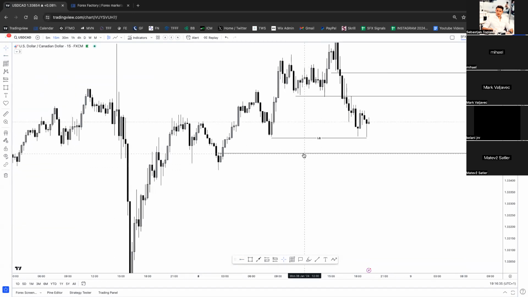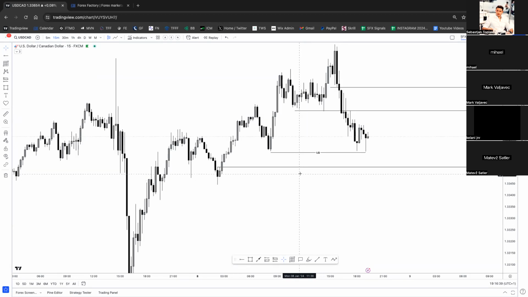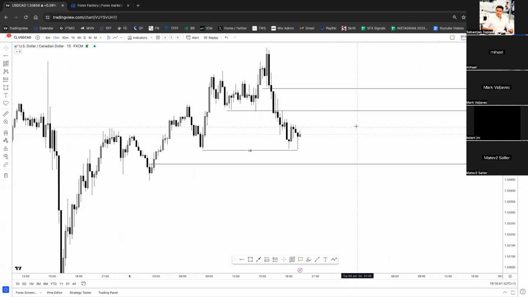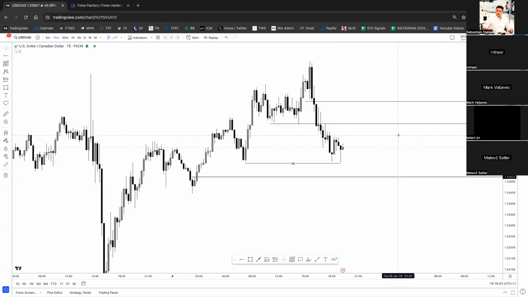Then we have this order block, which was my possible long scenario that I was talking about at the beginning of this Zoom. Why? Because this low acts as inducement. We have liquidity as well. So if we can see price pushing higher just to test the structure, and then pushing down, then we can have a possible long.